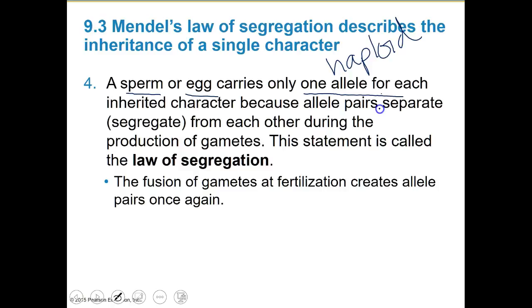Because the allele pairs separate, or segregate, from each other during the production of gametes, the statement is called the law of segregation. And the parent originally had two.